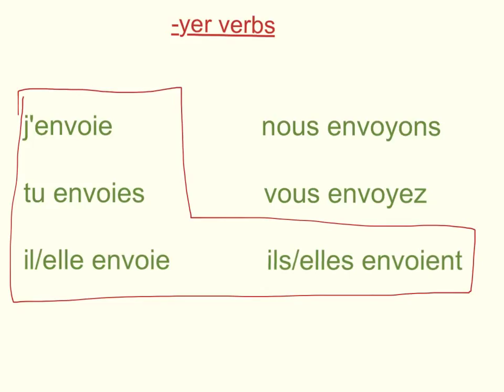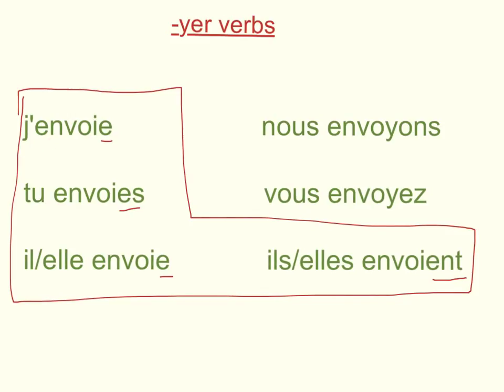We have an E for je, an ES for tu, an E for il and elle singular, and an ENT for ils and elles plural. The only difference is in those four forms, instead of having a Y, it's an I. It's just a change in the spelling. It doesn't change the pronunciation whatsoever.